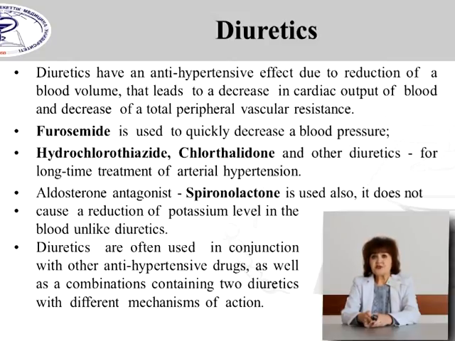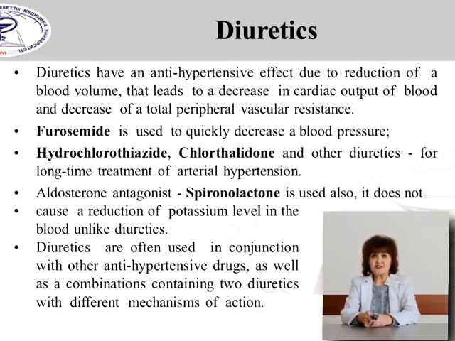Furosemide is strong diuretic and is used to quickly decrease the blood pressure. Hydrochlorothiazide and chlorthalidone and other diuretics are used for long-time treatment of arterial hypertension. Aldosterone antagonist spironolactone is used also.